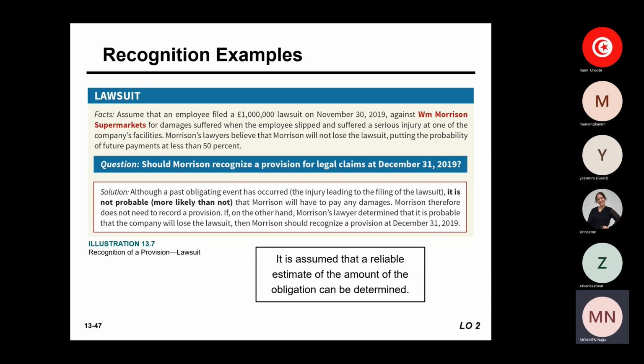You may tell me I cannot record it as a liability, but at the same time I have a situation of an event that occurred in this company's facilities. We have a lawsuit with an uncertain outcome.